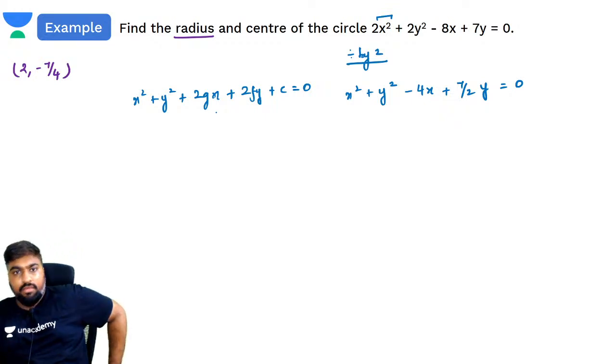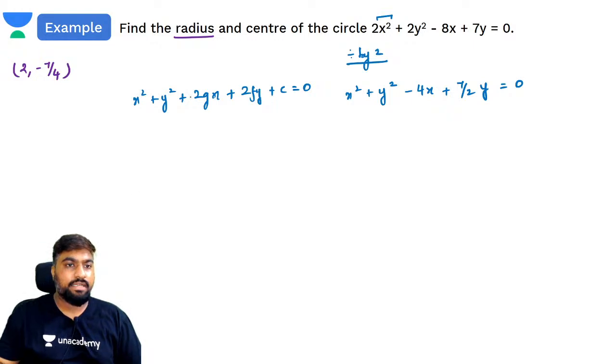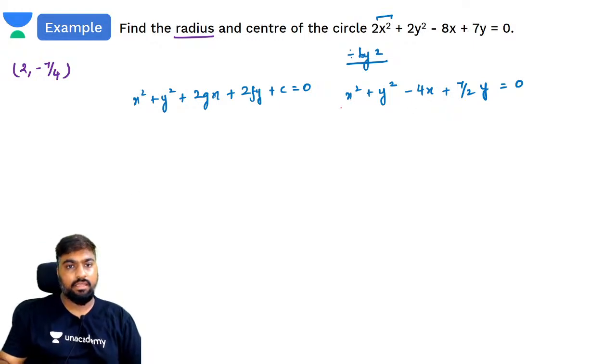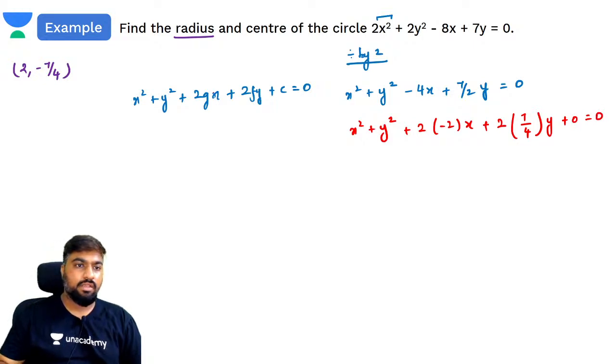Yeah, so from here can you find out the center? Yes, यहाँ से आप center निकाल सकते हो. Yes, rewrite this in this form. Same form में लिखो इसको. x square plus y square plus 2 times minus 2x plus 2 times 7 by 4 y plus 0 is equal to 0. Yes. तो यहाँ पे आपको क्या मिल गया?